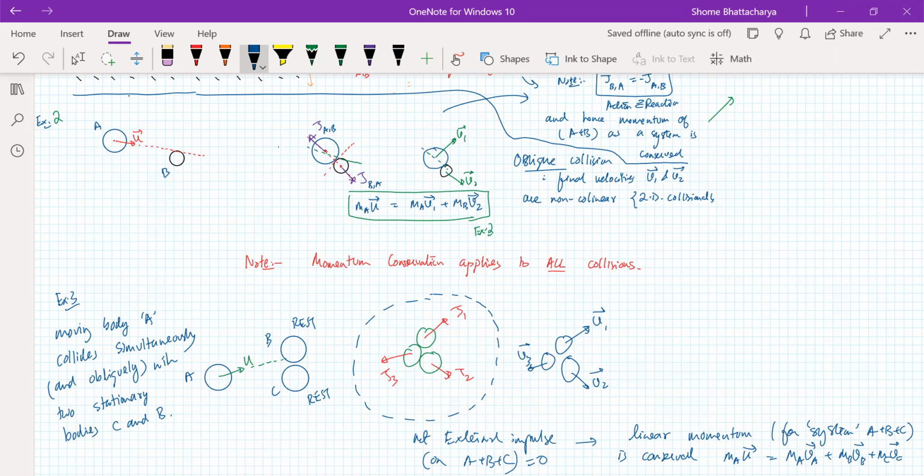So whatever force A applies on B, B will apply equal and opposite on A. Whatever force A applies on C, C will apply equal and opposite on A. So the external impulse on the system will be zero. So the linear momentum of the system consisting of colliding bodies, whether that is two bodies colliding, three bodies colliding, whatever be the case, the whole system's linear momentum before and after the collision is the same. It remains conserved. So this is the first and most important aspect to understand about any collision, that linear momentum of the system will be conserved.